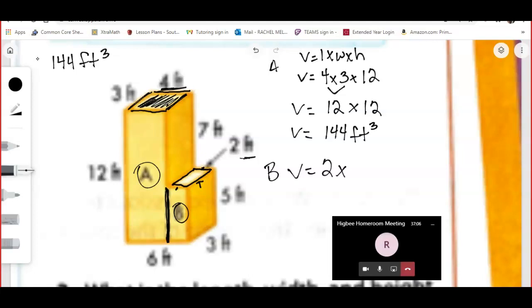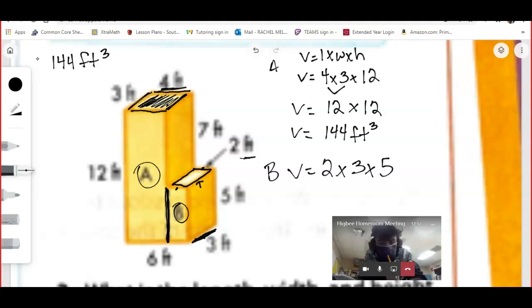Why is this 3? It's the bottom one? Yeah, if this is 3, and this is a rectangle, right? If the bottom of the rectangle is 3, then the top has to be 3, correct? Otherwise, it's not a rectangle. So that width is 3. Now, what's my height? 5. Very good.